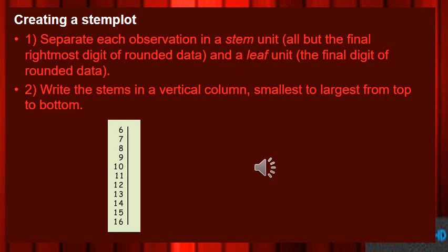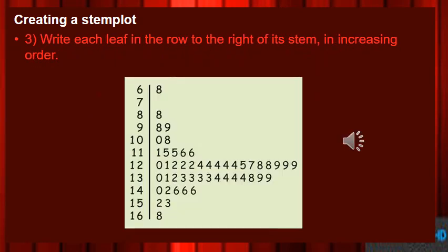And I do not skip any digit. That is very important. Suppose that I have no one in the 90s, no observation between 90 and 99. I will still put number 9 there. Then I complete my observations on the right of the vertical line. Suppose that I have 68 as my smallest observation.